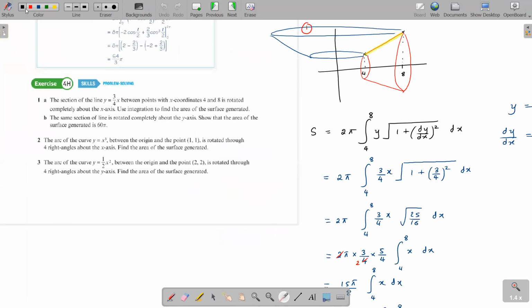So surface area equals 2 pi into the integral, limits x a to x b. It was x times, what was the equation? x times root of 1 plus dy by dx, the one with respect to x, whole thing squared. So let's get this.